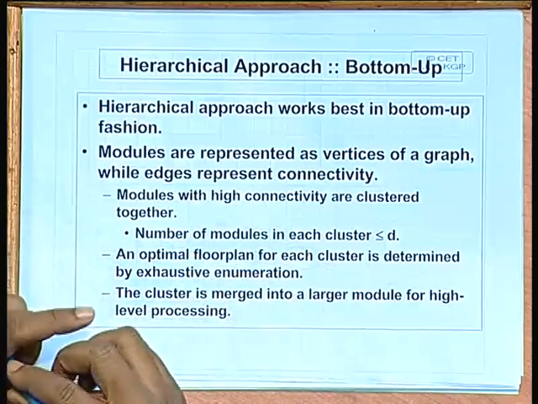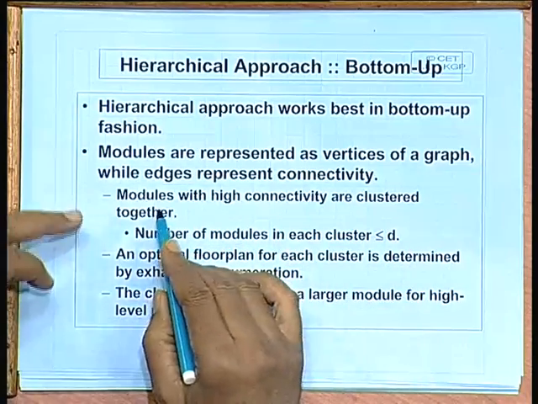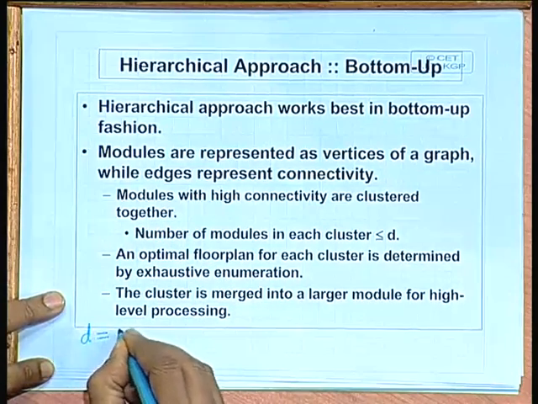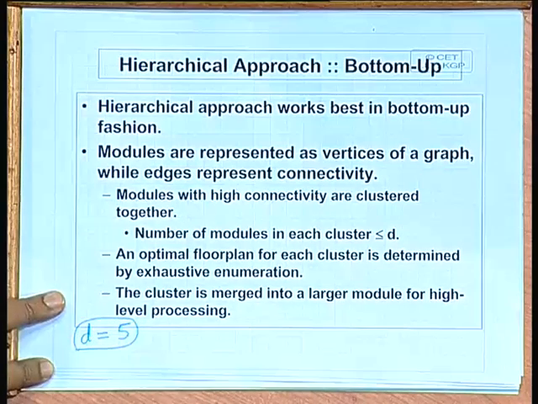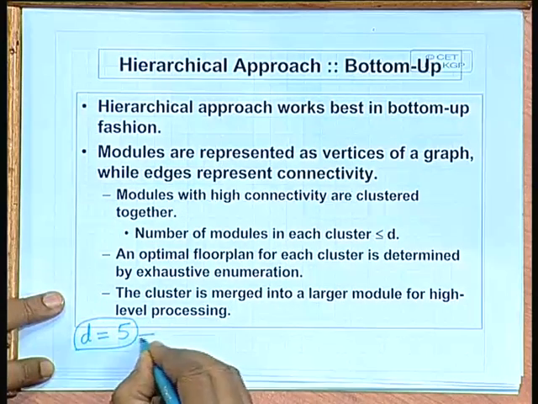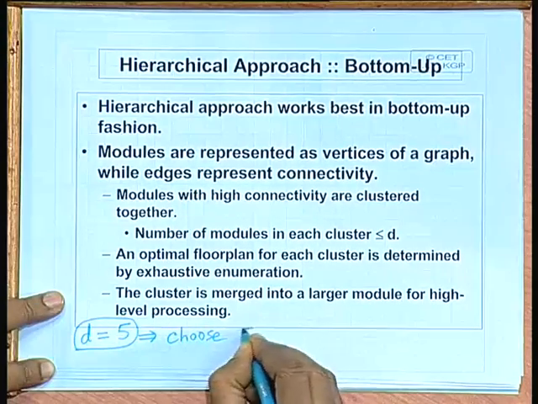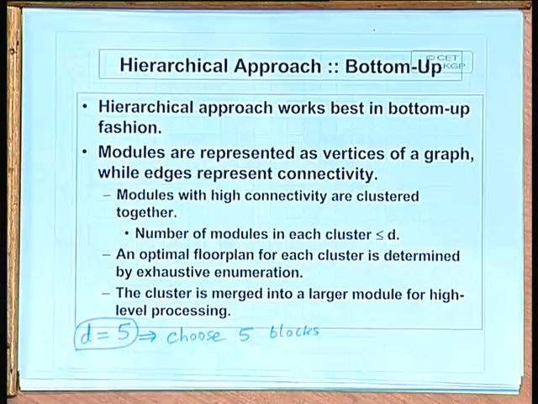Now, you start by putting the modules together. You identify a set of modules. Suppose you have the parameter D equal to say 4 or 5, something you have chosen, say D equal to 5. Your first task will be to choose 5 blocks which are most strongly connected among themselves.